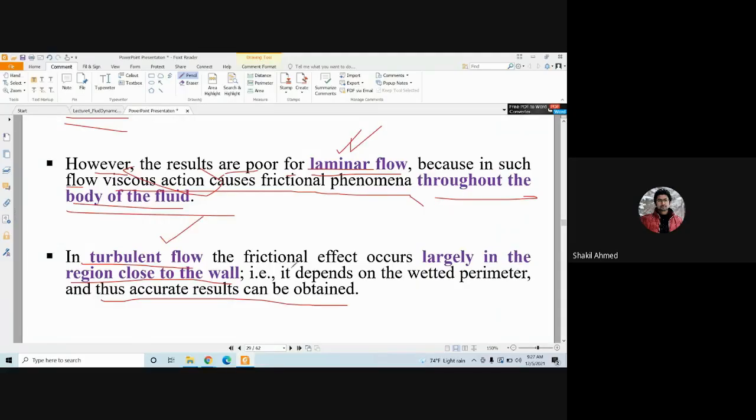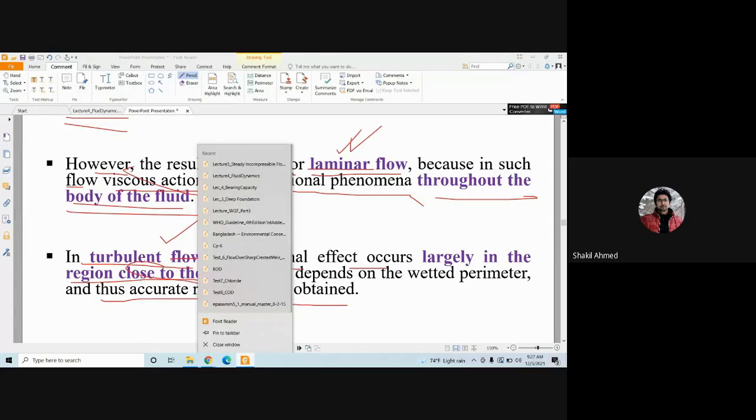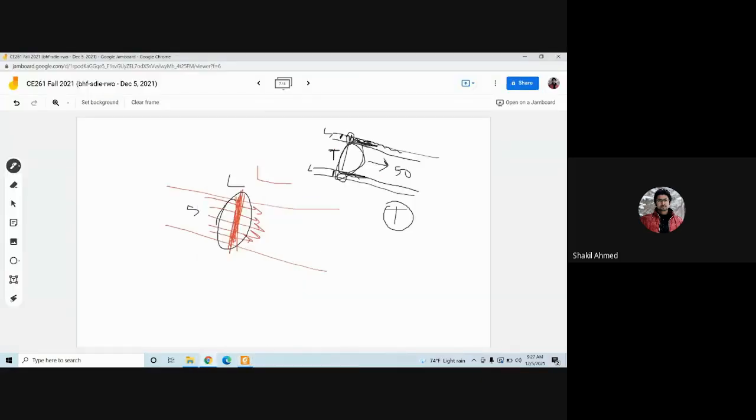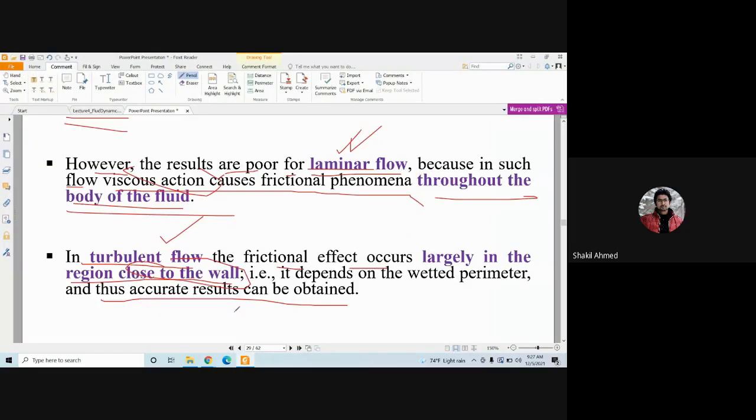Okay? In turbulent flow, the frictional effect occurs largely in the region close to the wall. As I told you, close to the wall. Only here, this is the laminar flow region. It depends on the wetted perimeter. That means it depends on the wetted perimeter, and therefore accurate results can be obtained.